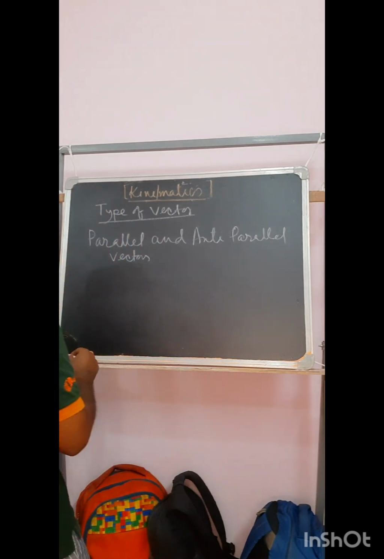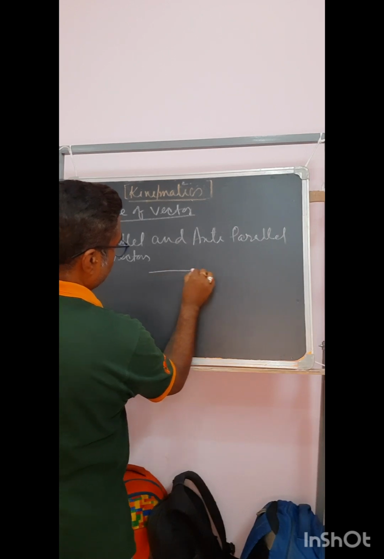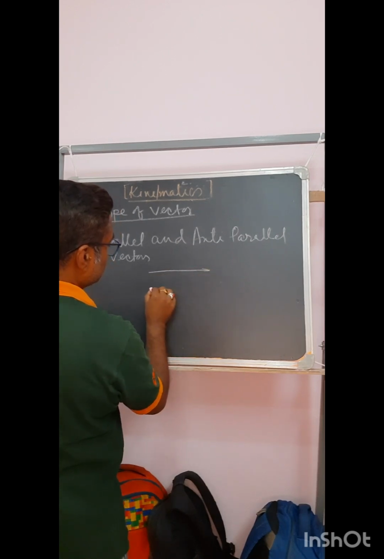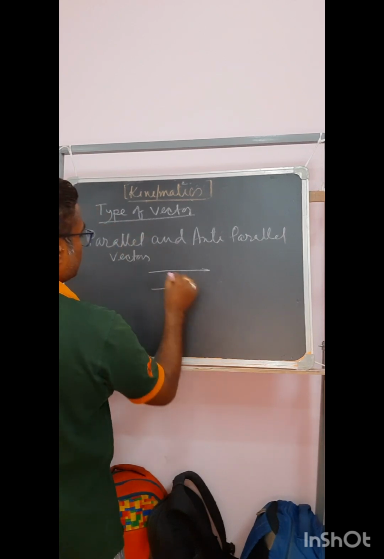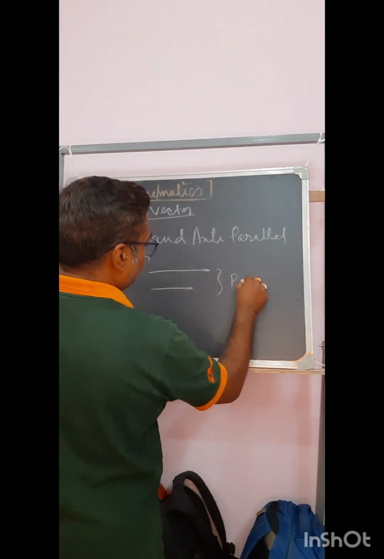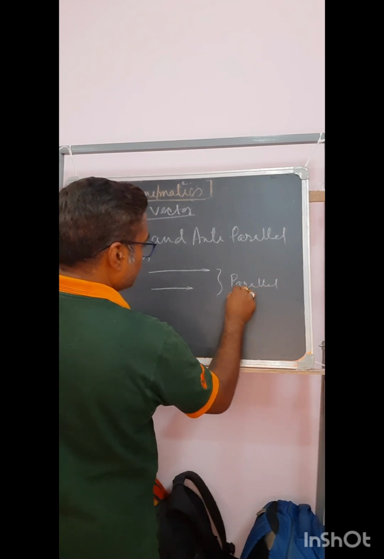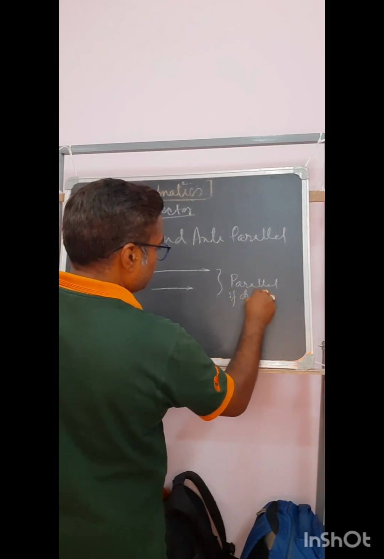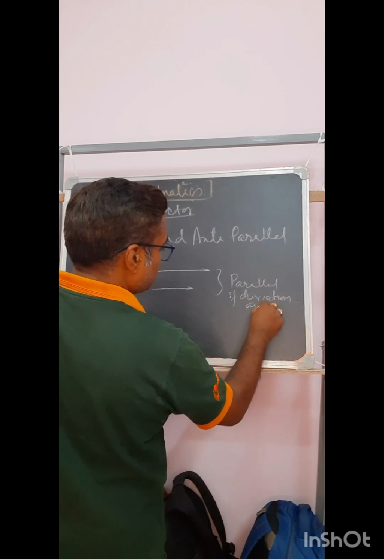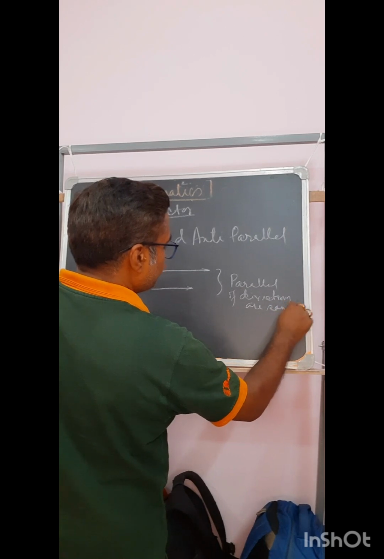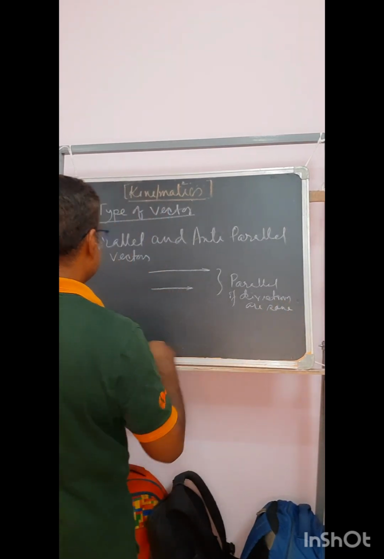For these vectors, the magnitude may not be equal, but the direction is the same. Vectors are parallel if directions are the same but magnitudes are not the same.